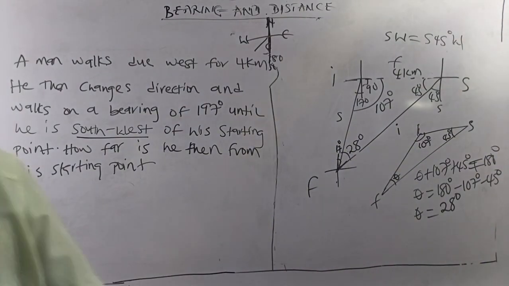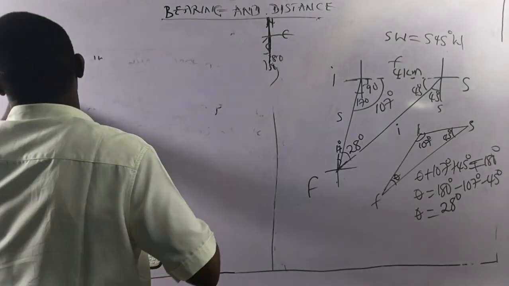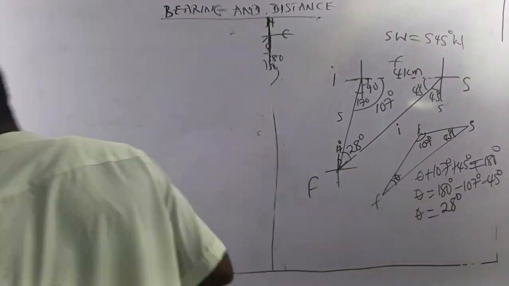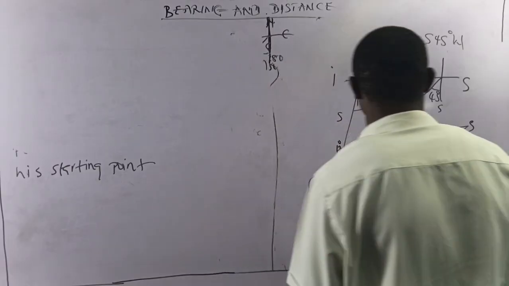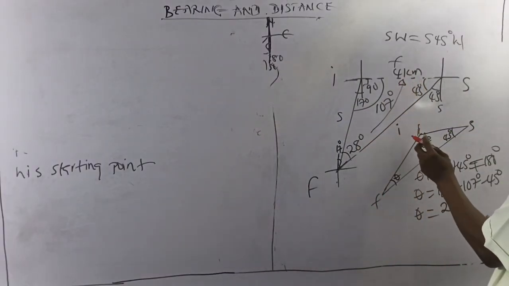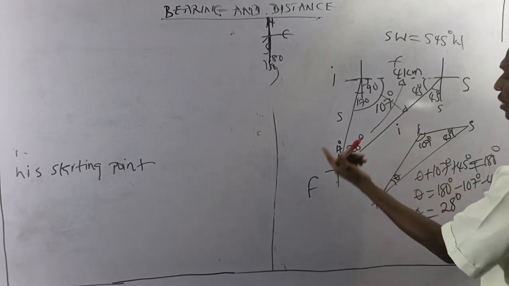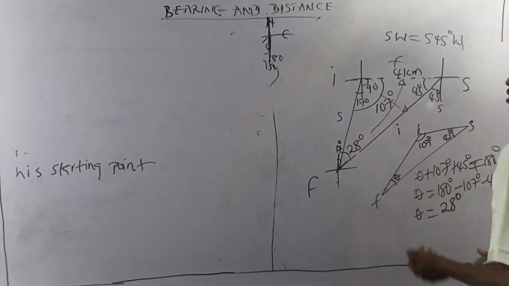So let me get some part of the board. So I've gotten my theta, and the side facing theta is this, and the side facing my angle I is this, and I'm looking for I, which is the distance from the final point to the starting point.